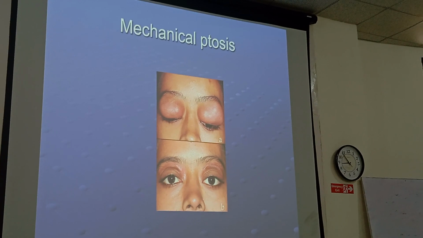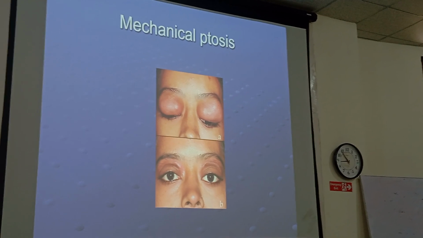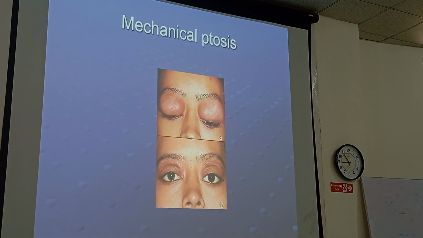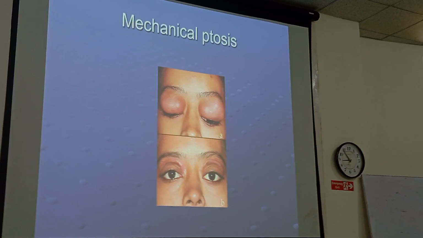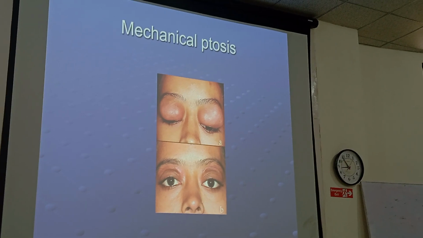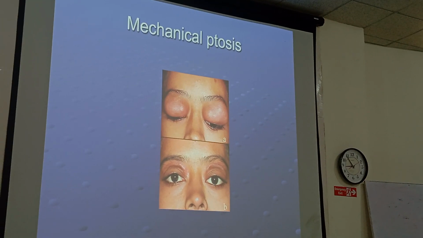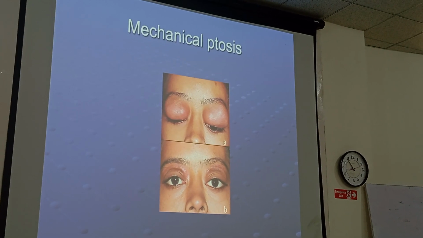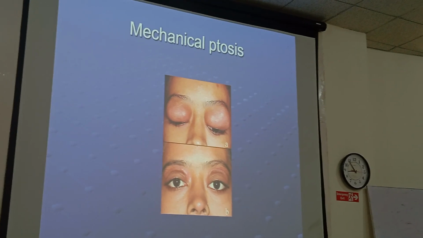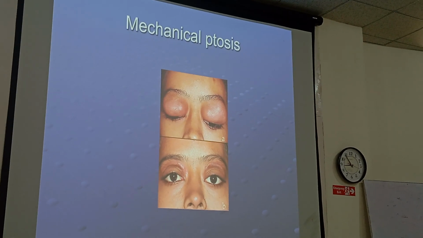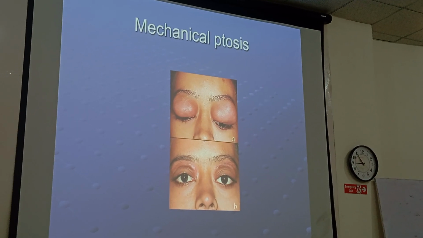You must have heard the names, but any lesion which is present, like a dermoid cyst, it can be anywhere. So in the eye, it is usually present on the supratemporal or nasotemporal part. If there is a large dermoid cyst, it will also cause the upper eyelid to mechanically come down and cause a ptosis. And the treatment is obviously the removal of the cause.